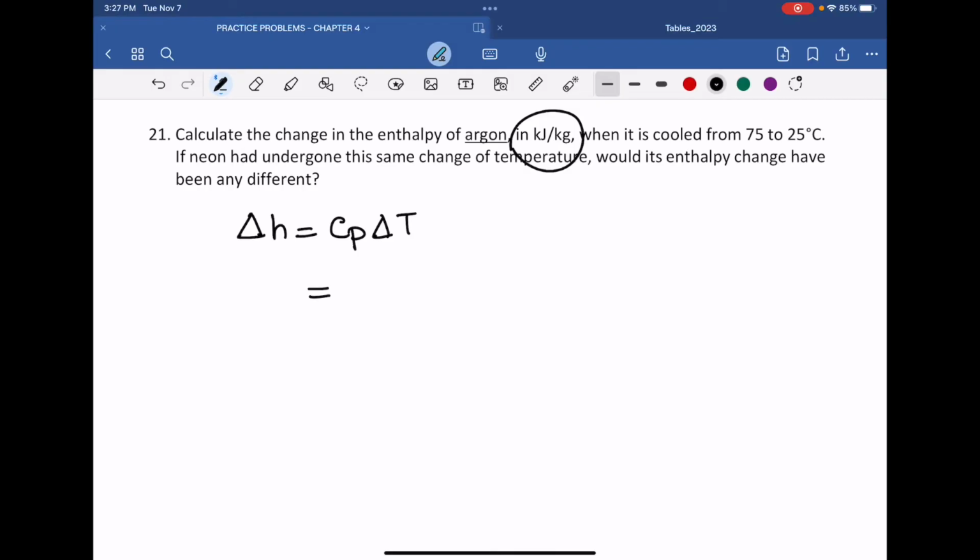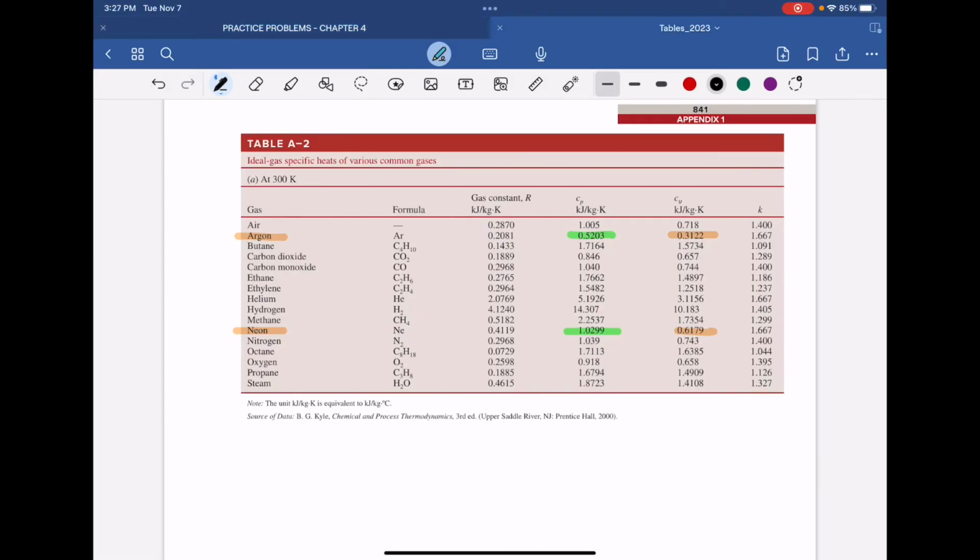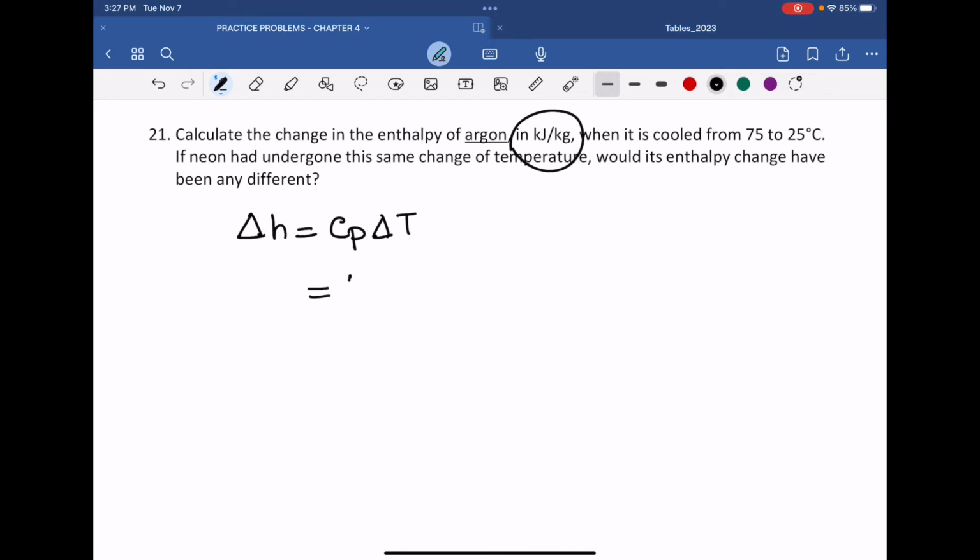So if we do this for argon, reading the Cp values, actually the other way around, because it is dropping temperature.